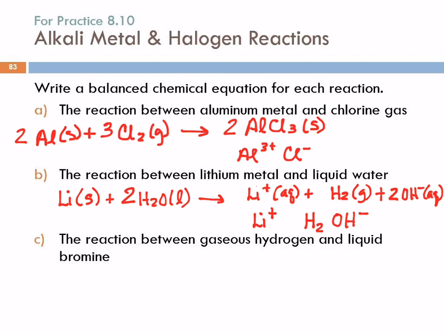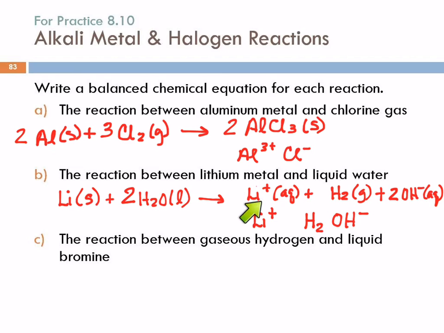Yes, question? Yeah. So you might think that, well, this is cool. We've got the right numbers of each letter, right? What about the total charges, though? What's the total charge on the left side of the arrow? 0. The charges have to balance as well.